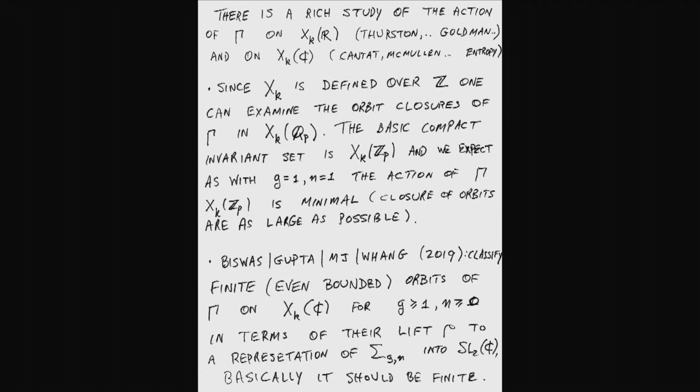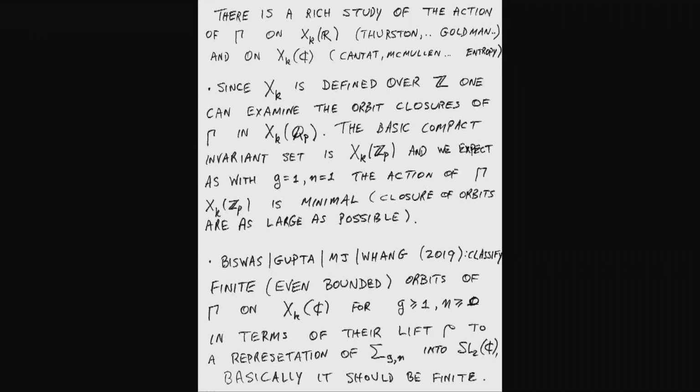Thurston studied it mainly on what's called the Teichmuller component. He might have studied more generally, but what I've heard of is on the Teichmuller component. And on the complex points, there's beautiful work of Cantat and McMullen, where they actually look often at one element and try to understand its entropy, but they also look at the whole group.